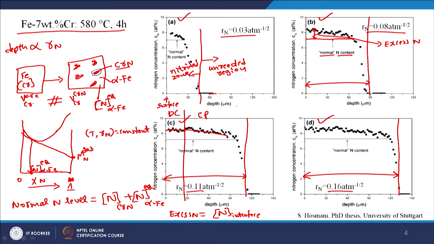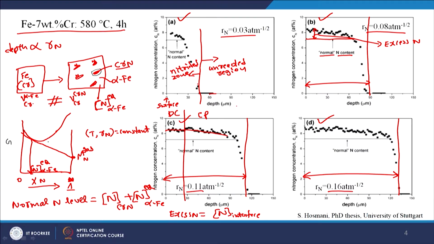Because of that strain, you actually change the Gibbs energy of your matrix, that is the ferrite. This is what we have shown here: the Gibbs energy for a strain free iron nitrogen ferrite.